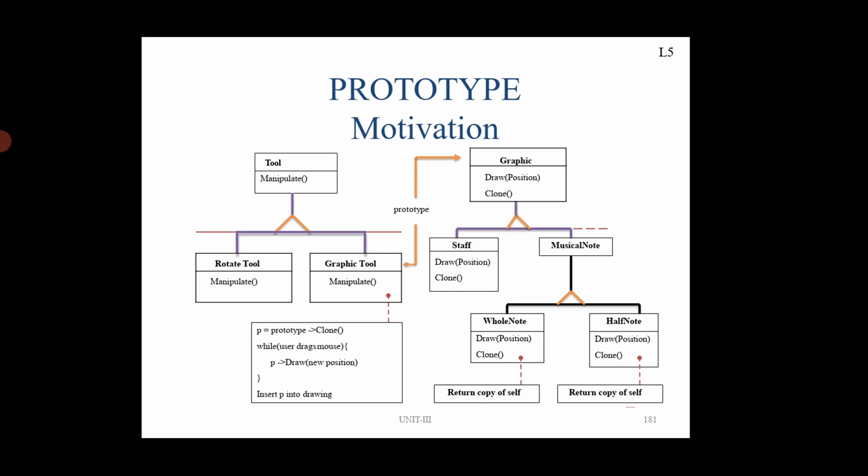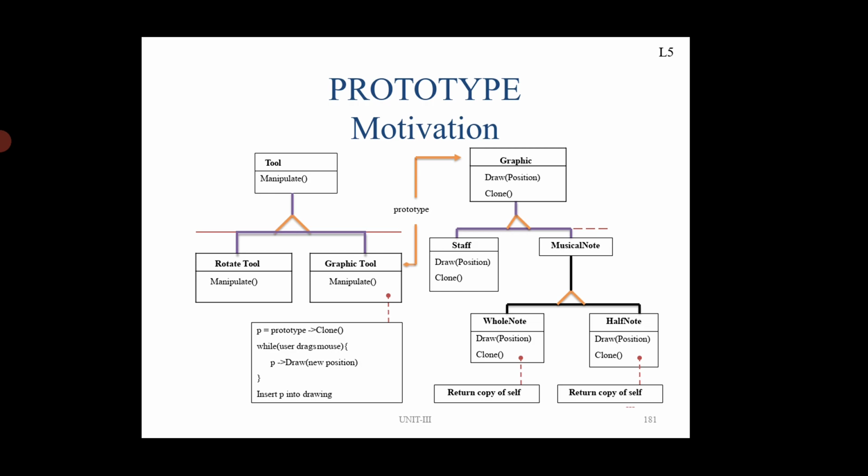Moreover, it will provide an abstract tool class for whatever we need to define, like those in the palettes. So the framework also predefines a graphic tool subclass for tools that create instances of graphical objects, and we need to add them to the document also.